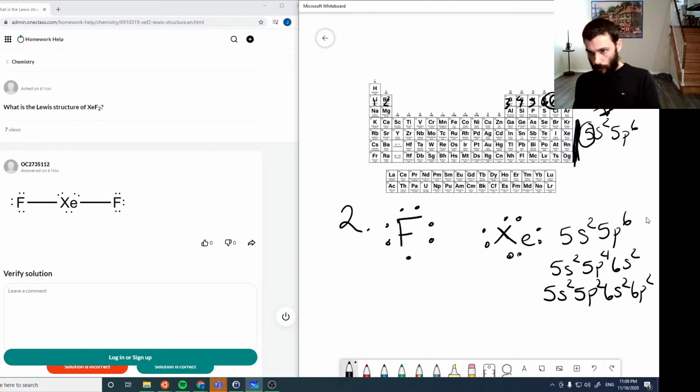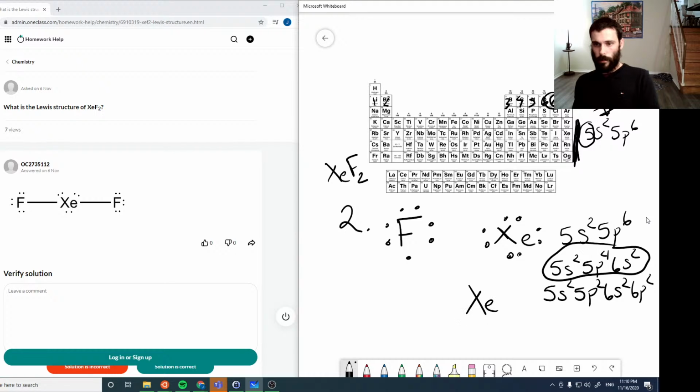Now, the one that we'd be concerned about here is this one, because here we've got a full valence for xenon F2. We need 2 bonding electrons, which means we just need to promote 2 electrons to give our 2 bonds.